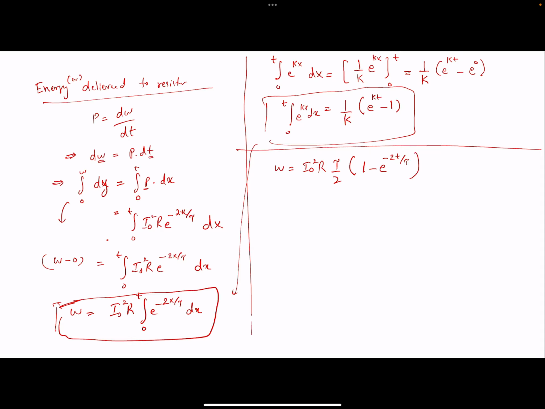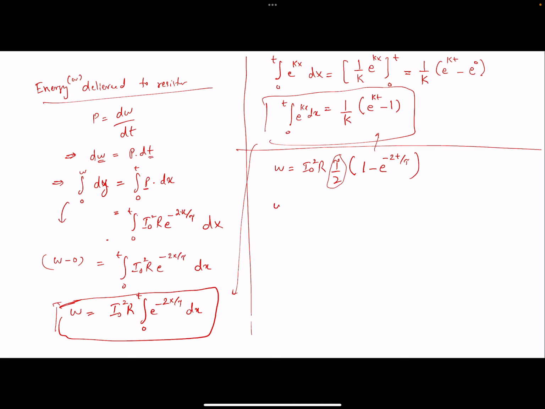Again, the important thing is why this looks a little different: you have replaced the negative sign. This should have come out to be minus tau over 2, so we multiplied the minus inside the parentheses.